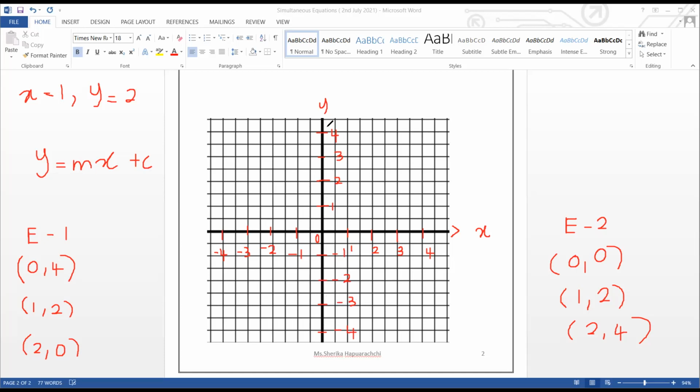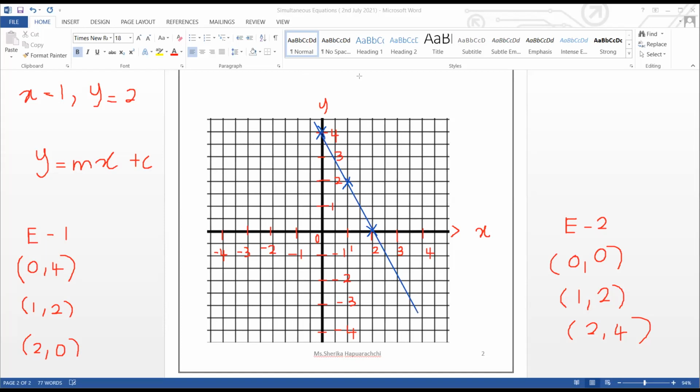0, 4 here, then 1, 2, it's here, then 2, 0. So this is my first line according to my coordinates, right? Then I'll take another color.